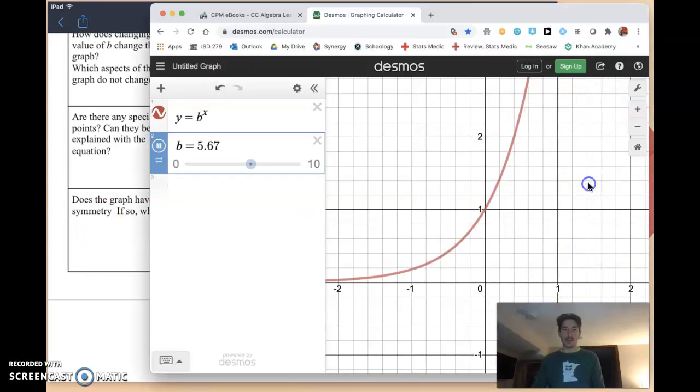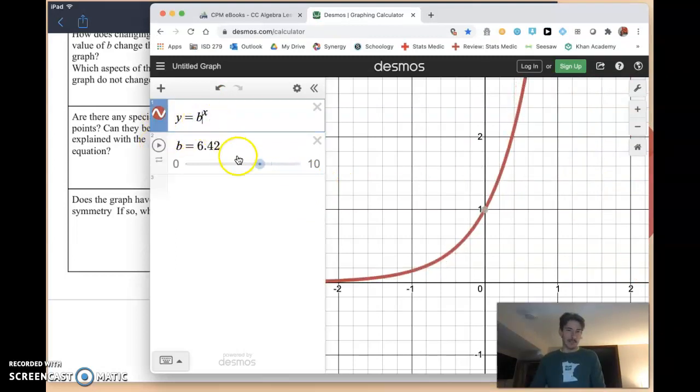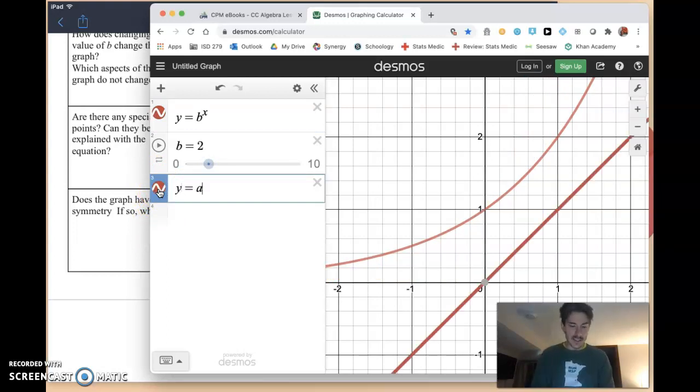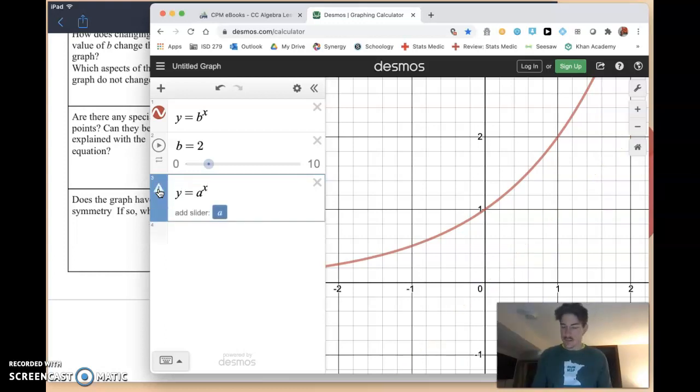And if you want a little hint, I'll just do something like this. Here, let me pause this, and I will, I don't know, how about we just make this be 2, and then I'll add another one here, but instead of using base B, I'll use base A. Okay, that's going to work out just fine. And it'll say, hey, do you want to add the slider for A? I say, sure.